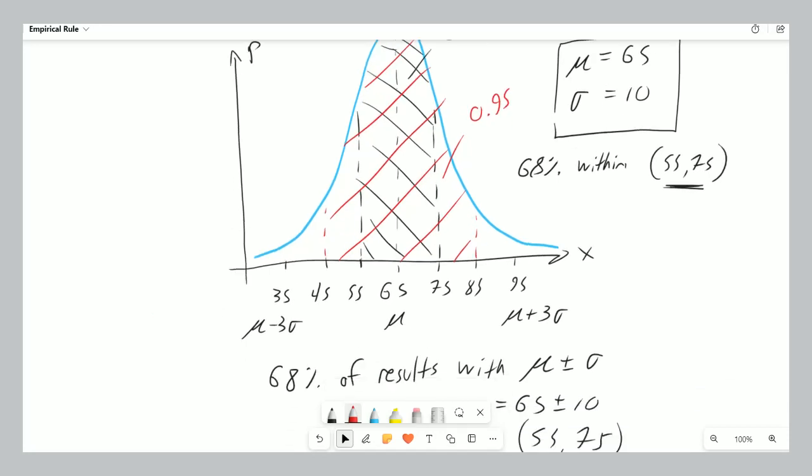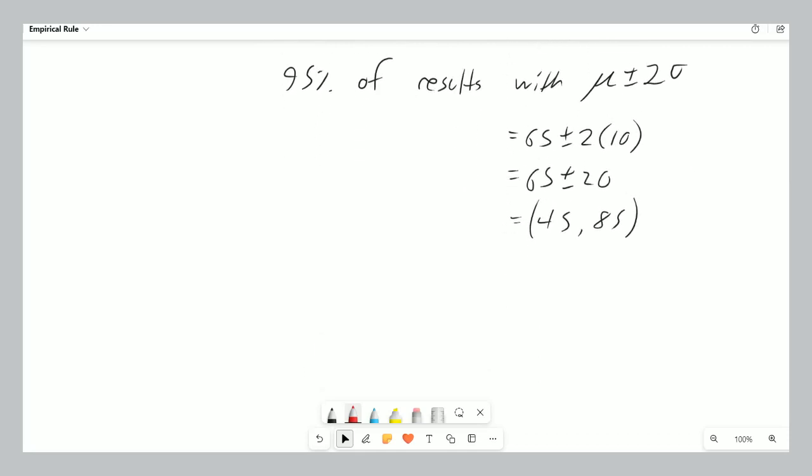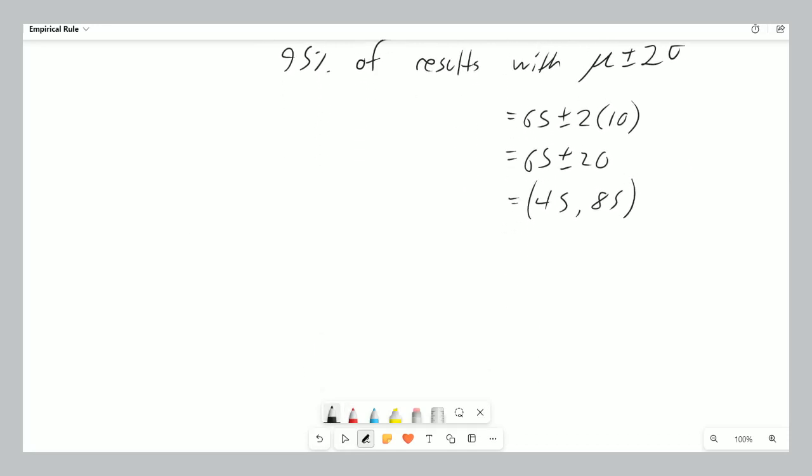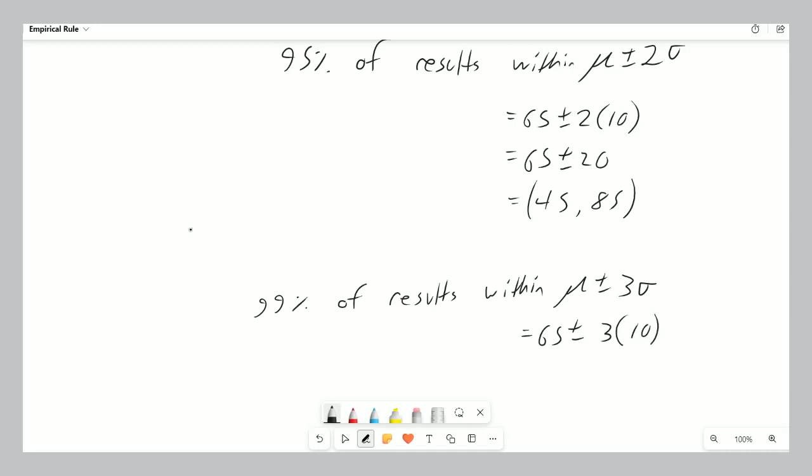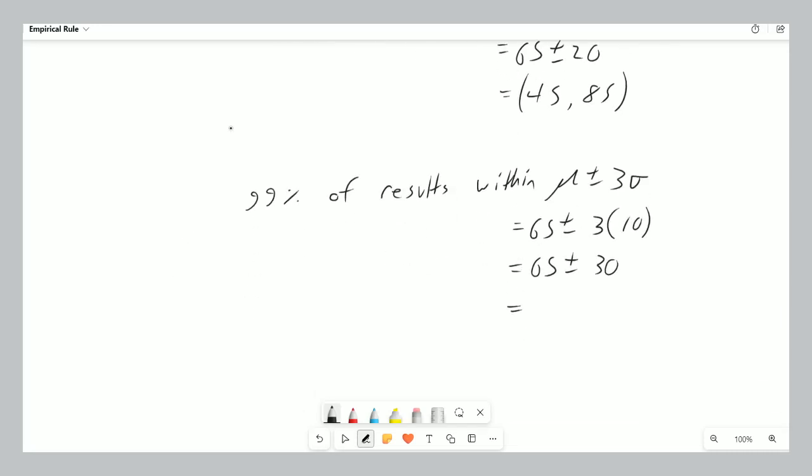And the third part of the empirical rule tells us that 99.7% of results are expected to be within mu plus or minus 3 sigma. So in our case, that is 65 plus or minus 3 times 10, or 65 plus or minus 30, which is going to be from 35 to 95.